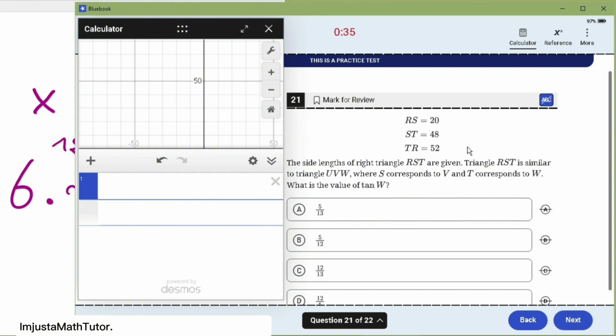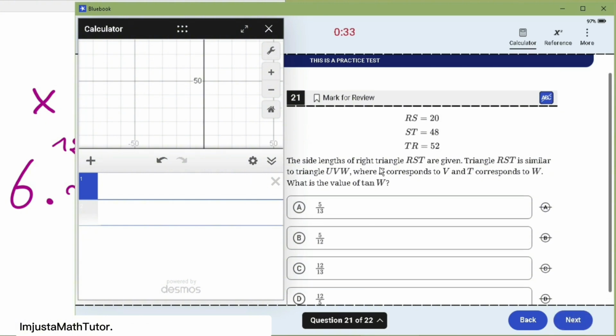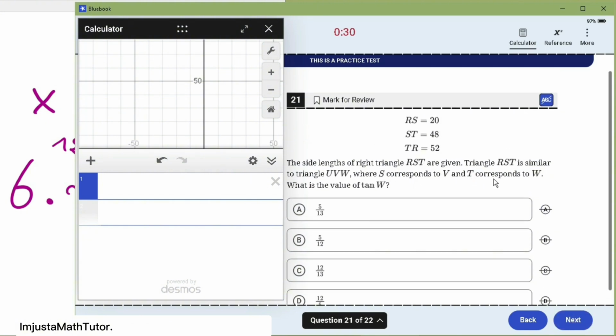The side lengths of right triangle RST are given. The triangle RST is similar to triangle UVW, where S corresponds to V and T corresponds to W. What is the value of tangent W?